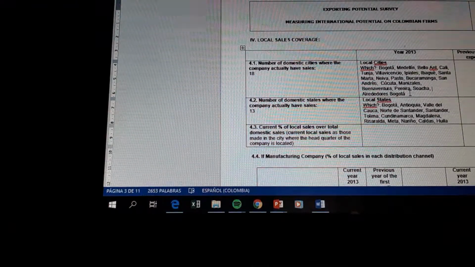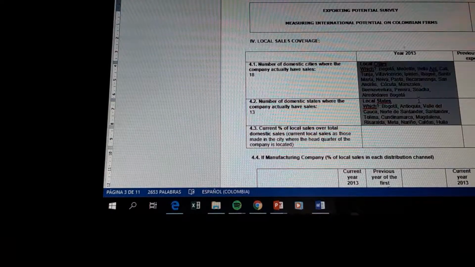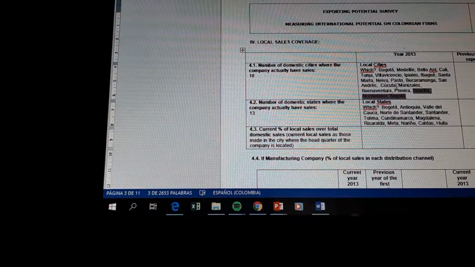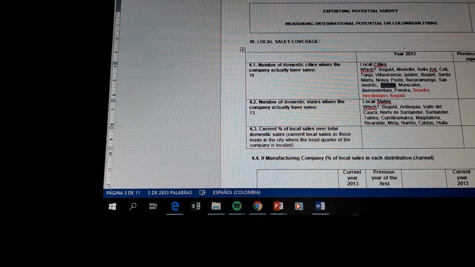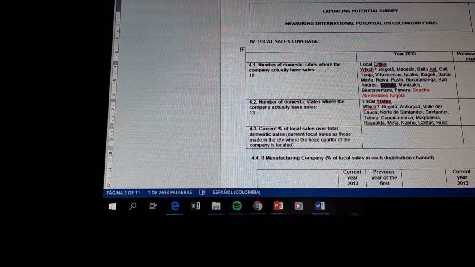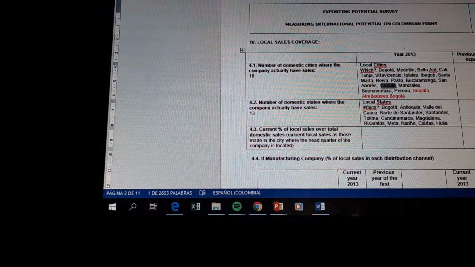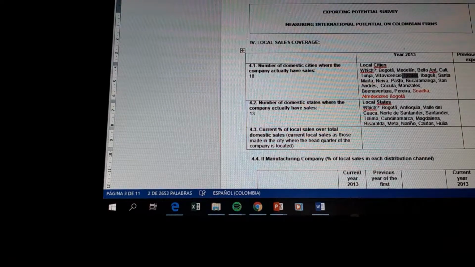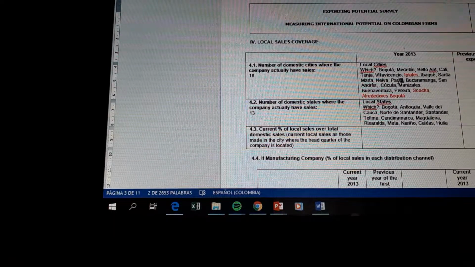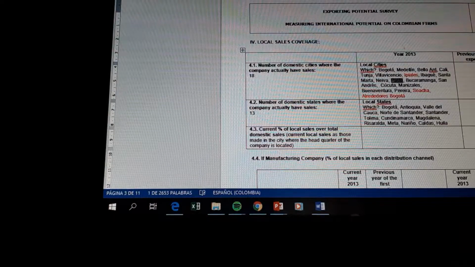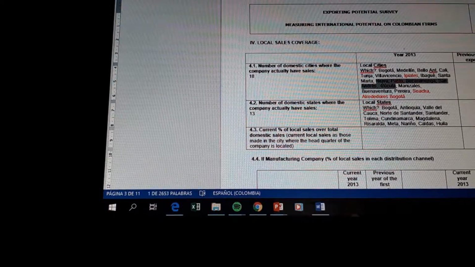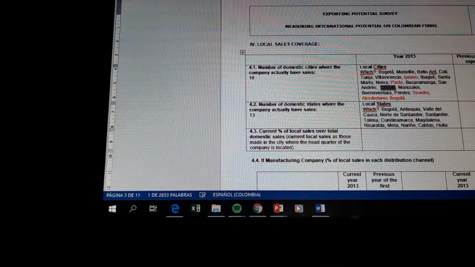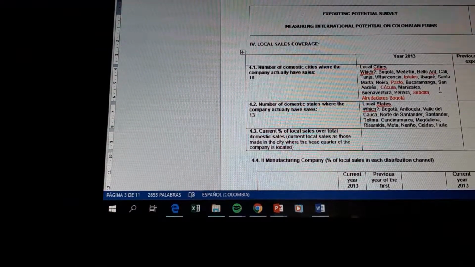For example, of course, Bogotá and Soacha, around Bogotá, is an important place. But if you evaluate putting your products and making business with people in Cúcuta, in Ipiales, Pasto, well, this is the far south of Colombia, and Cúcuta is the limit with Venezuela, and it's really far away.